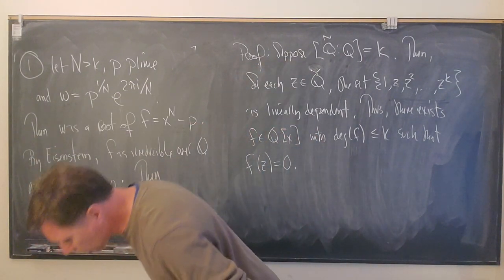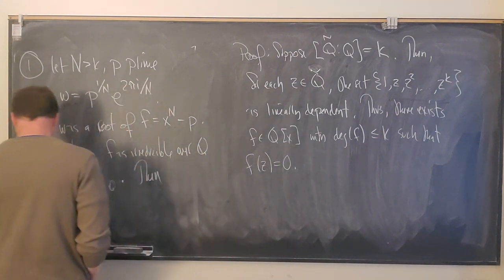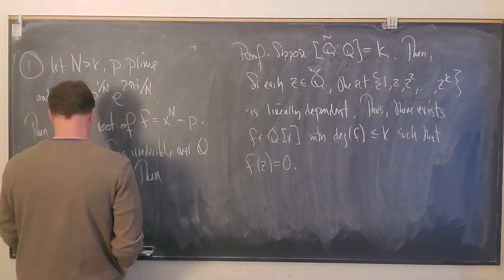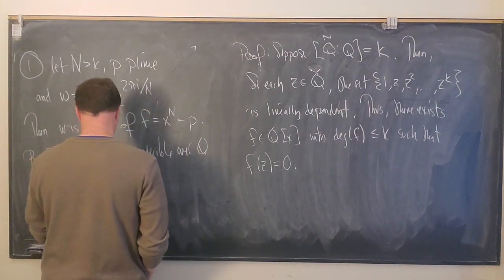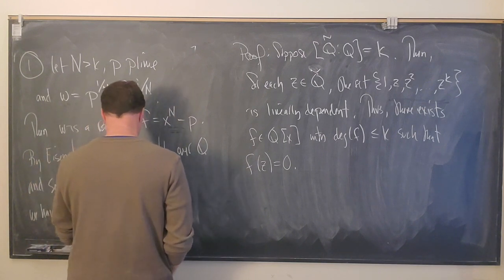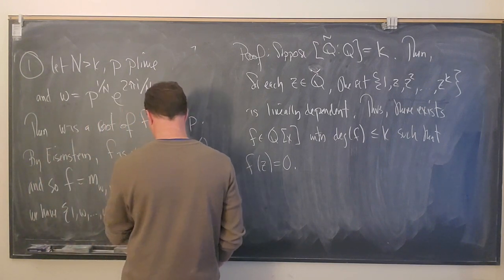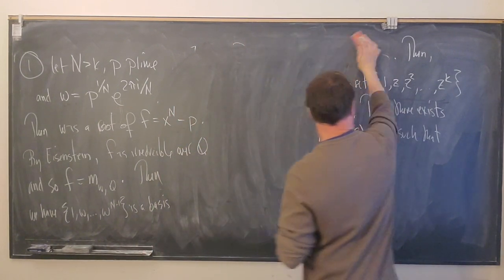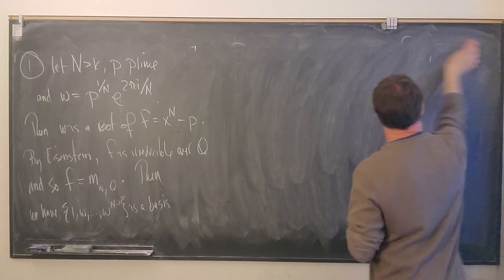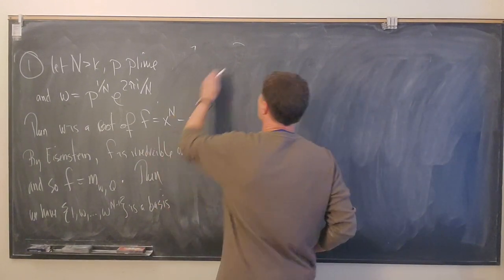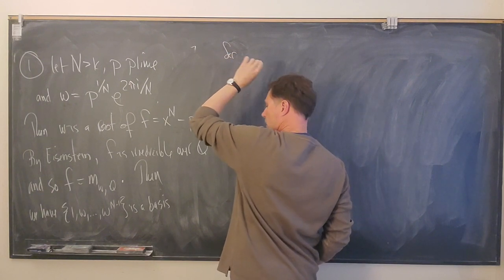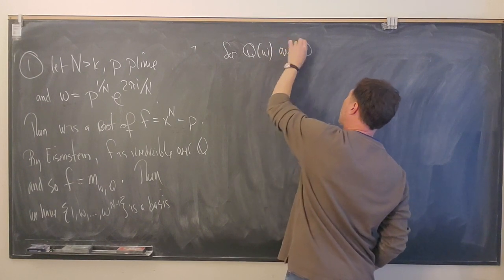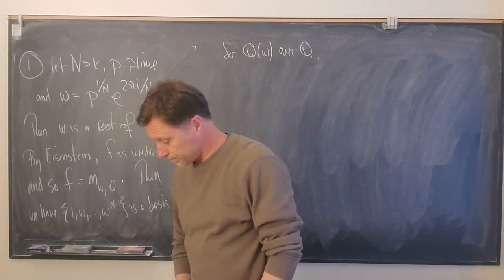So then we have 1, w, up through w to the n minus 1 is a basis for Q adjoining w as a Q vector space.